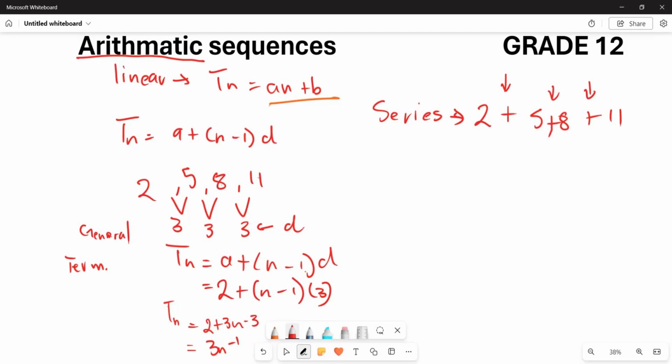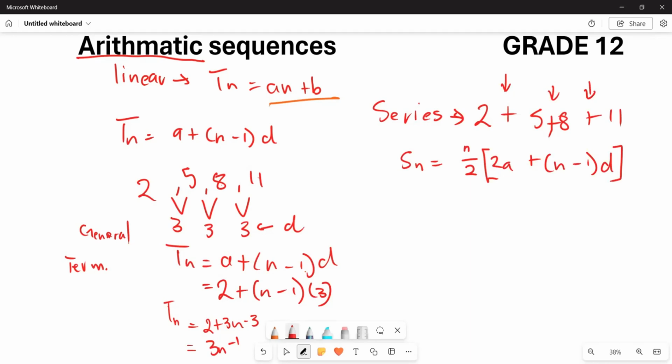Now when you are looking for the general term of this particular series, firstly, a series is given by the formula Sn equals n over 2 open bracket 2a plus open bracket n subtract 1 close bracket d, close bracket. So this is the Sn that we are given whenever we want to calculate our series.